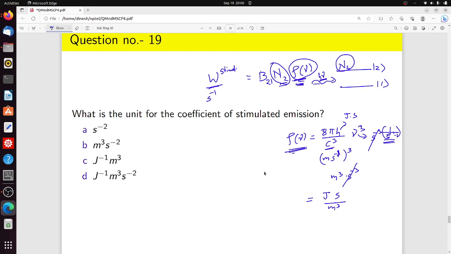Its dimension is joule into second per meter cube, and here this quantity B21, and in the left hand side we have second inverse. So this B21 dimension should be joule inverse meter cube second to the power minus 2, right? So D should be the right answer. Okay, understood?